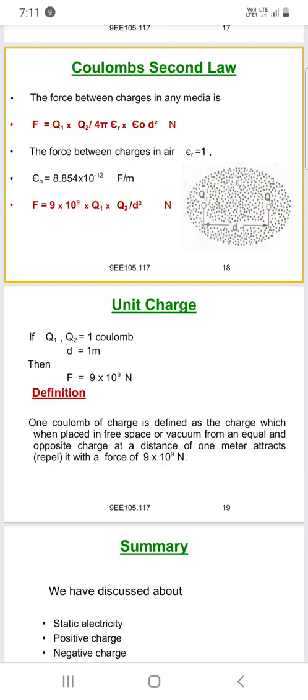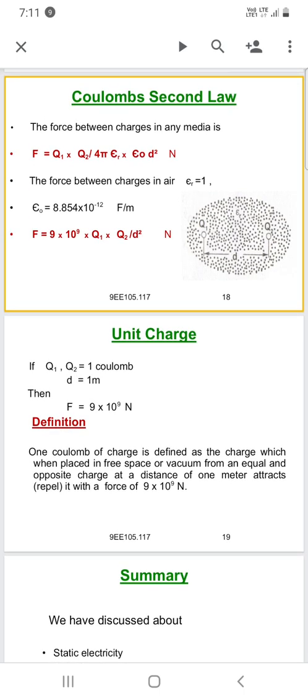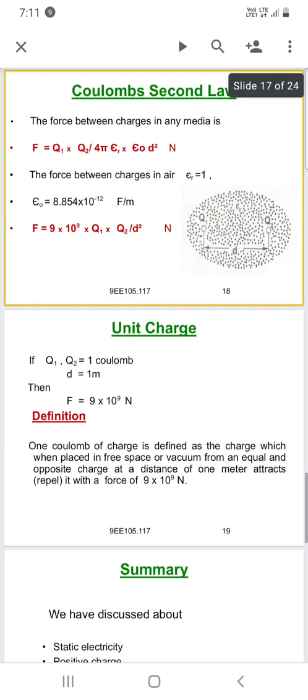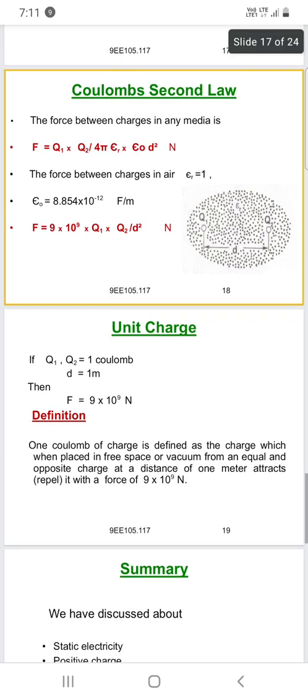F is equal to, we have to simplify this, 1 by 4 pi into 8.854 into 10 to the power of minus 12 into 1. When we simplify this, we will get 9 into 10 to the power of 9 into Q1 into Q2 by d square Newton.